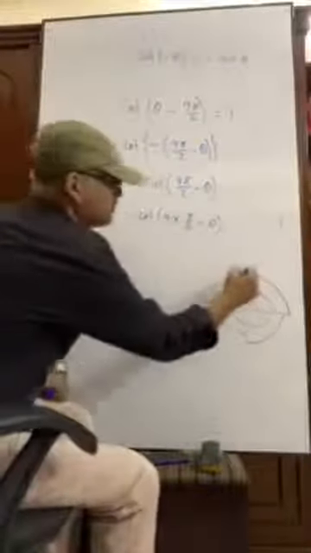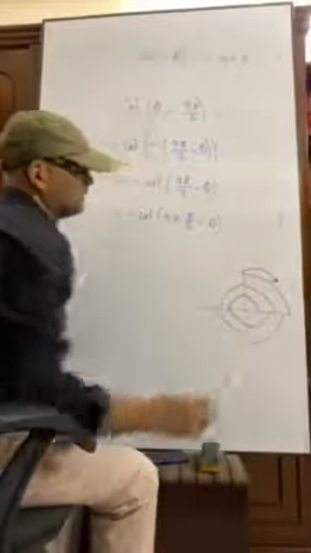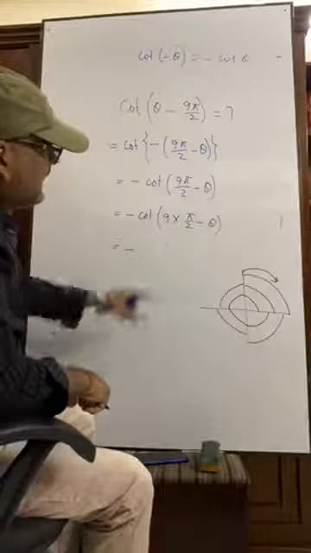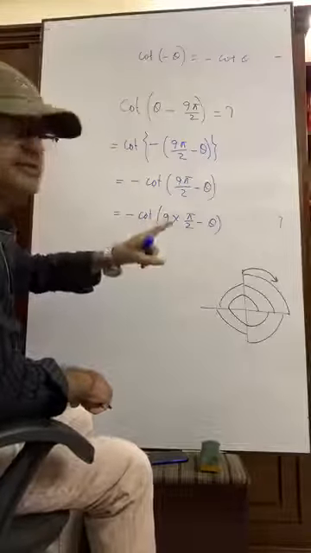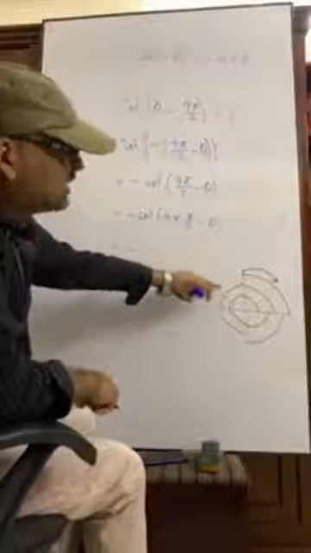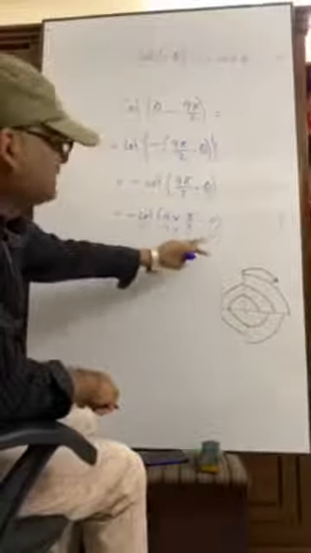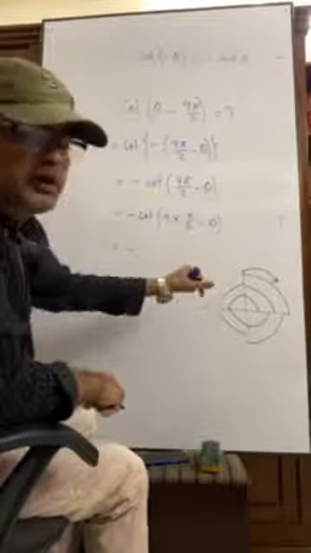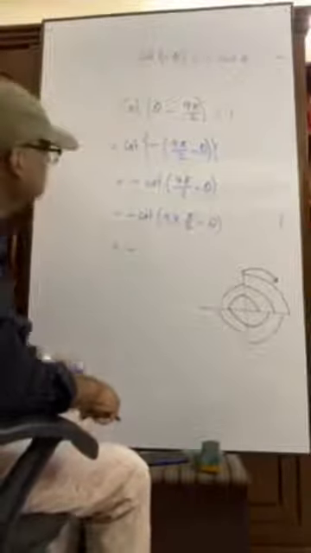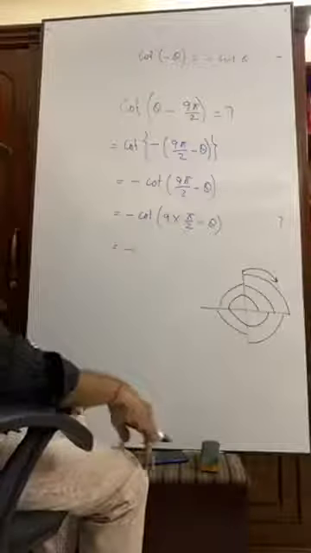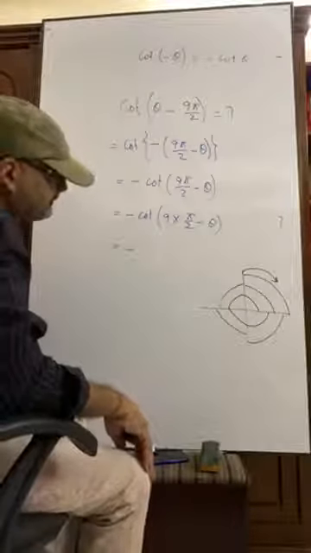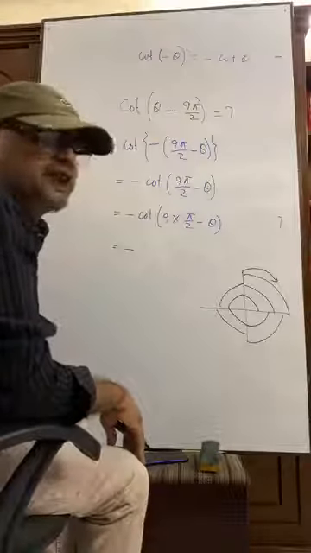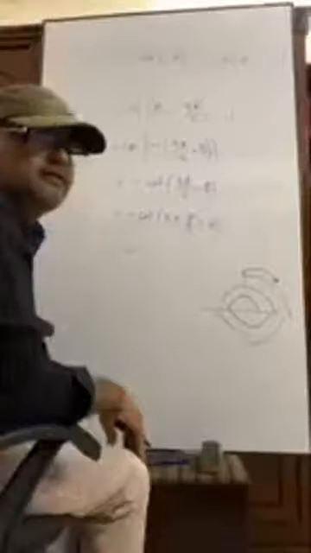As it is minus, so it will be 9 pi by 2 minus. If it was plus, then it will be in the second quadrant. As it is minus, so the angle will lie in the first quadrant. And we know that in the first quadrant all the trigonometric ratios are positive.